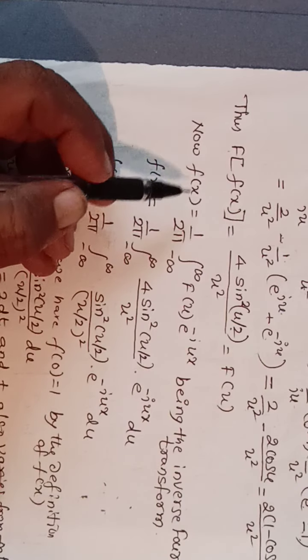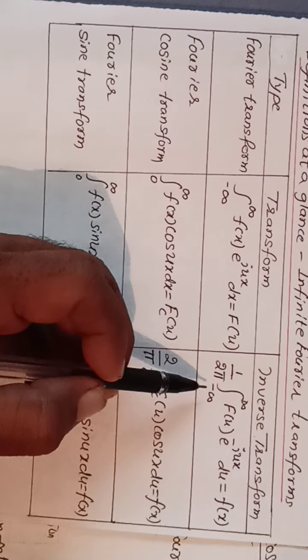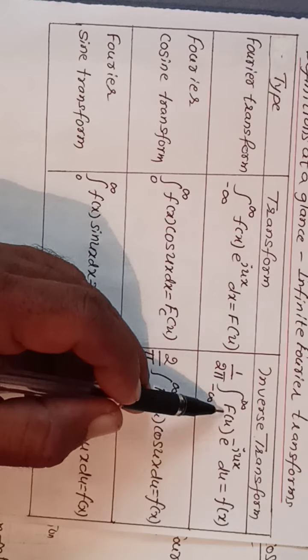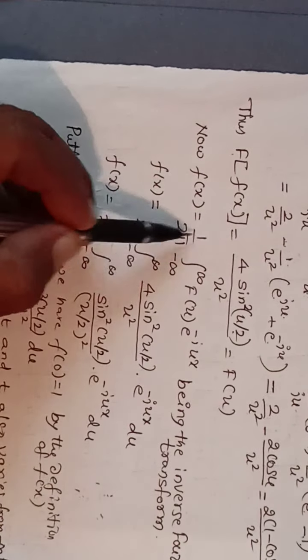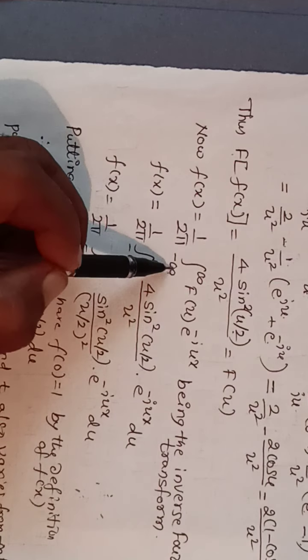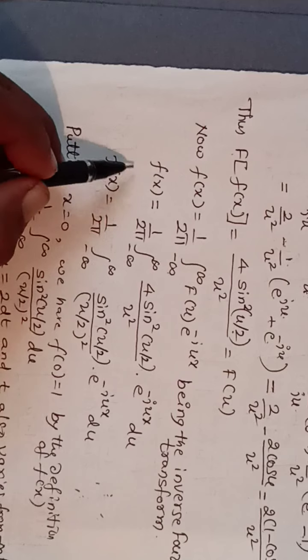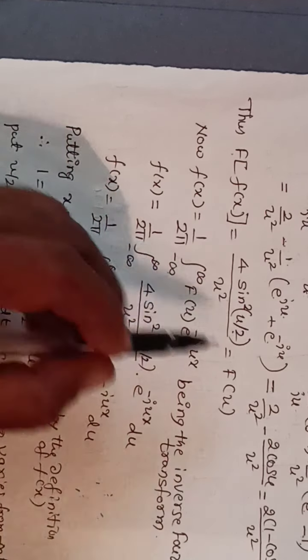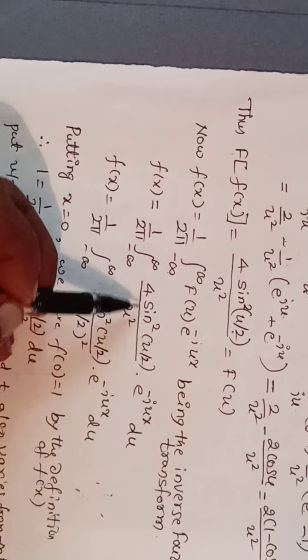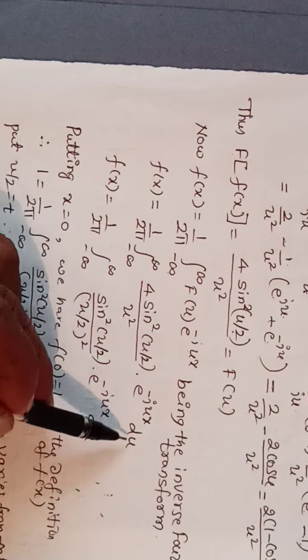Now f of x is equals to 1 upon 2 pi integration minus infinity to infinity f of u e raised to minus iux du. Applying the inverse Fourier transform, f of x is equals to 1 upon 2 pi minus infinity to infinity, f of u is nothing but this one, 4 sin square u by 2 divided by u square, e raised to iux du.